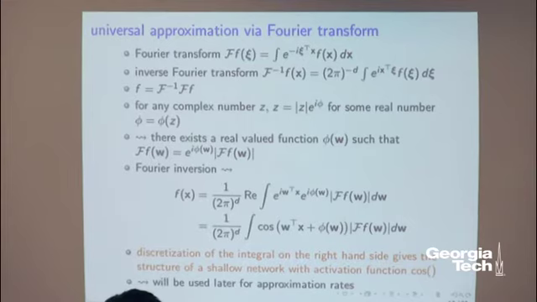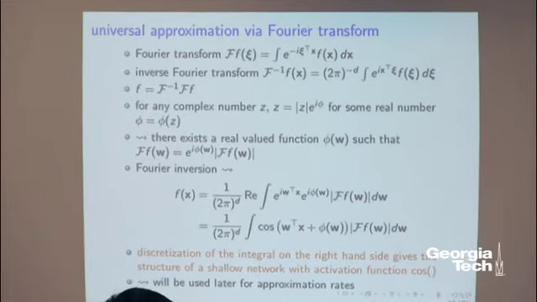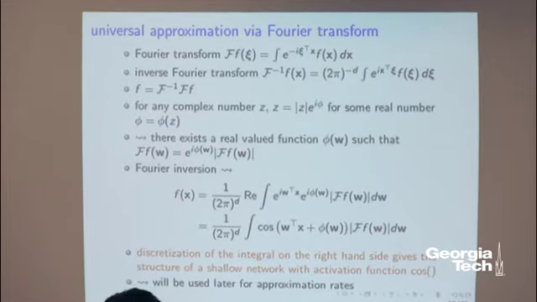So if we can make a Riemann approximation of this integral, then we arrive at a shallow network. Okay, and that shows you somehow that every L2 function here, again, for instance, can be well approximated, where we have to be a bit careful with the Riemann sum here.